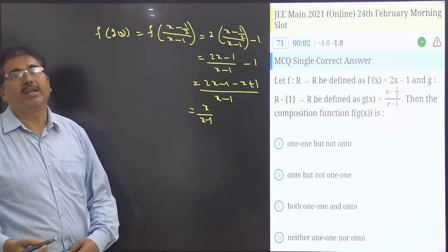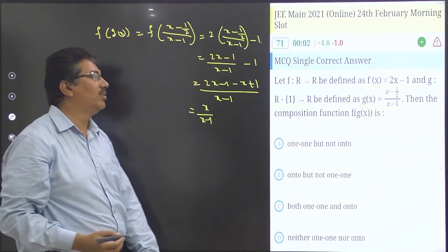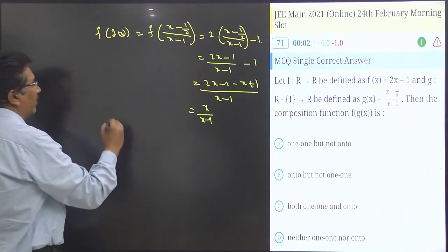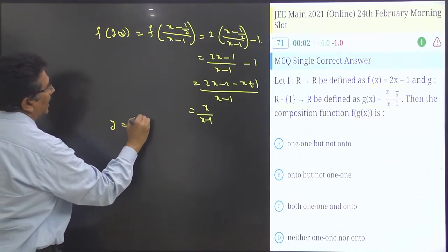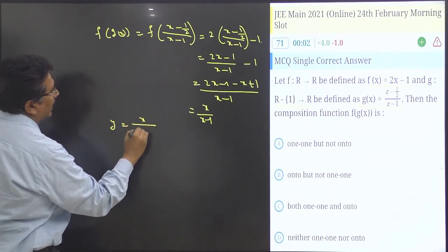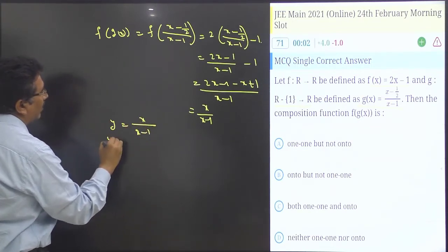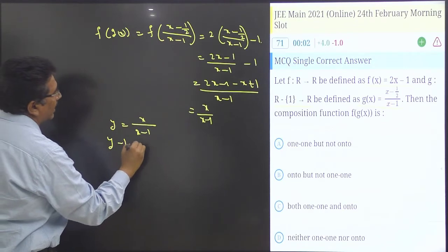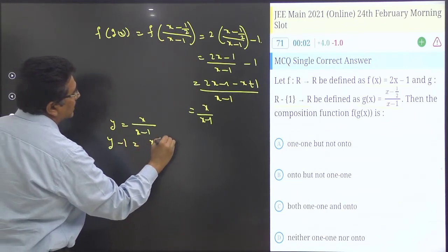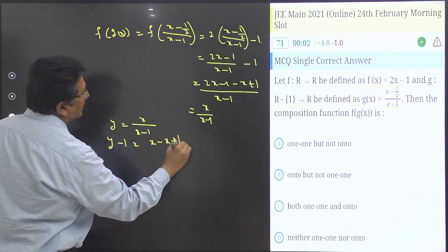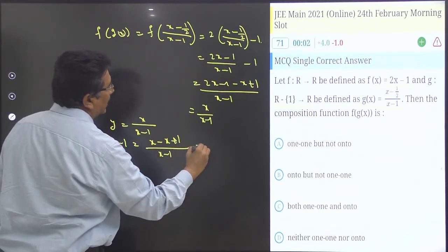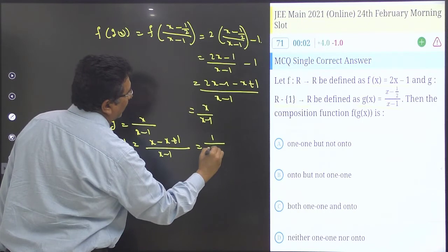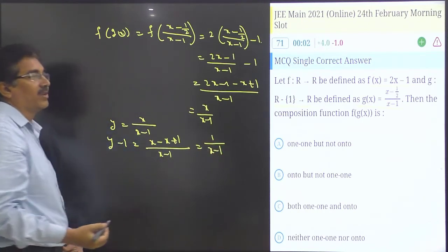Now verify this function is 1 1, onto and bijection. For verifying 1 1, now consider its derivative. Suppose let y be equal to x divided by x minus 1. Now y minus 1, that is equal to x minus x plus 1 divided by x minus 1, that is equal to 1 by x minus 1.